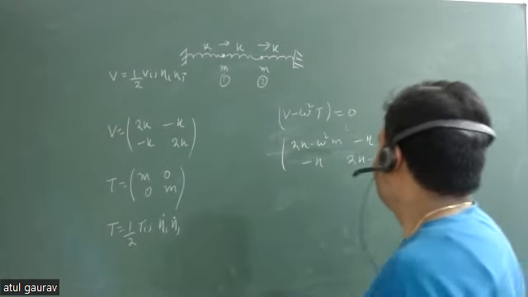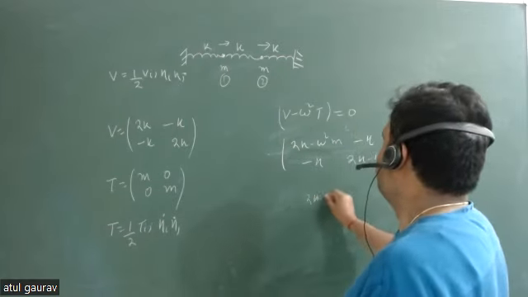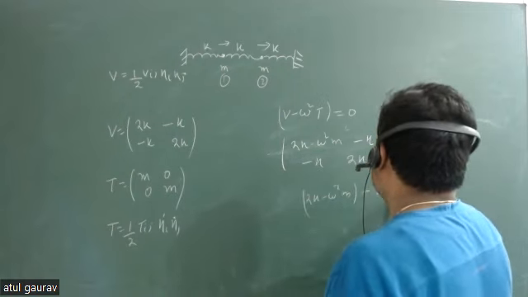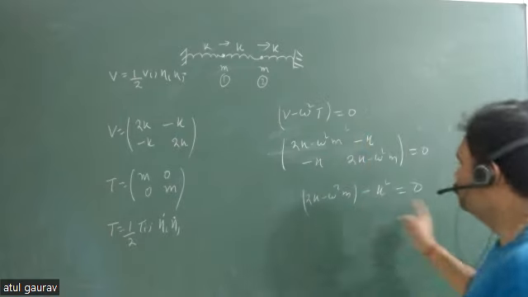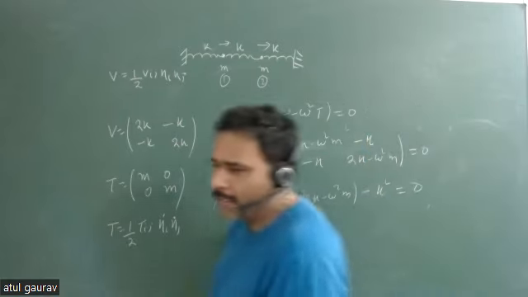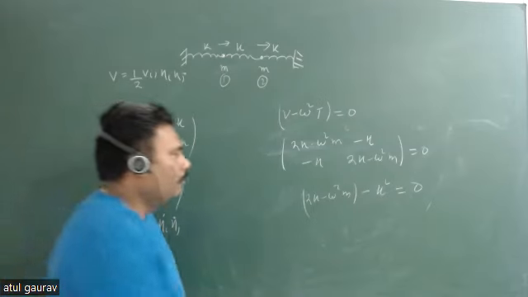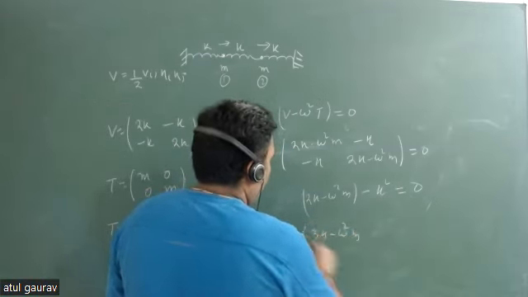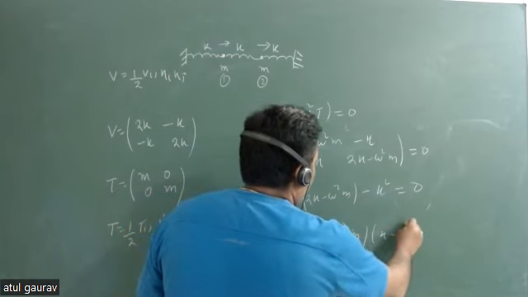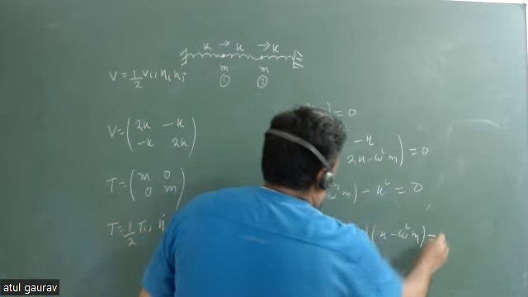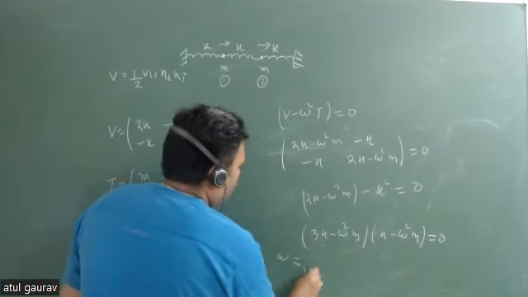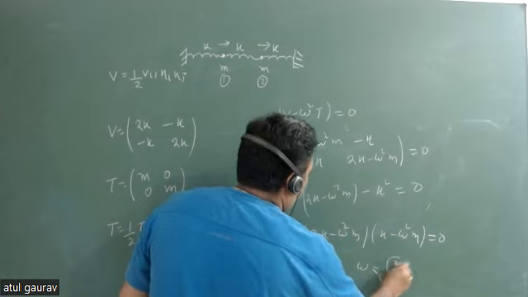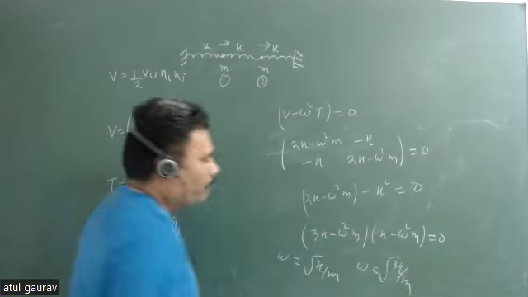And you can easily find 2K minus omega square M, whole square, minus K square must be 0. You can use the A square minus B square formula and easily you will have 3K minus omega square M into K minus omega square M equal to 0. So omega is equal to root under K upon M, and omega is equal to root under 3K upon M.